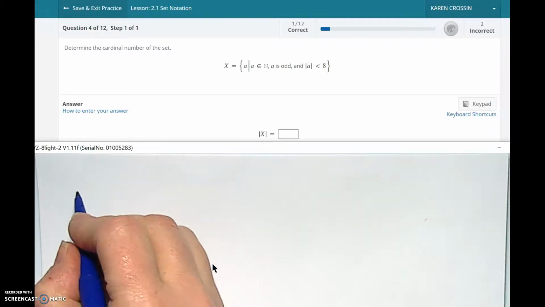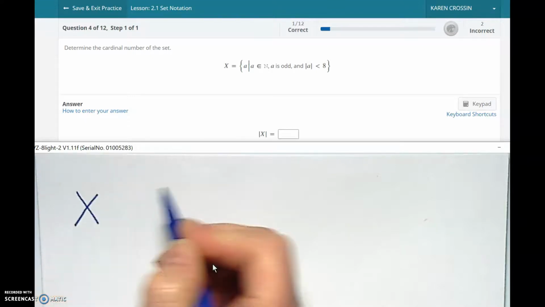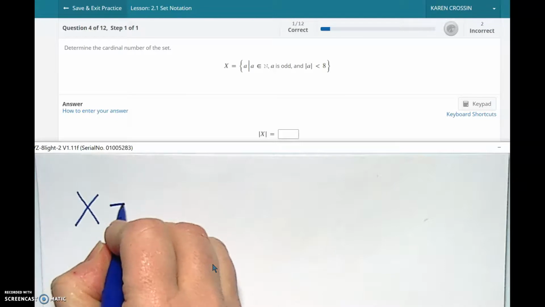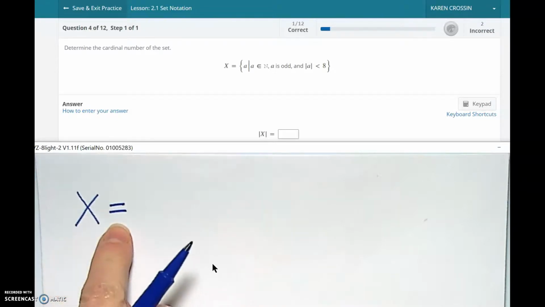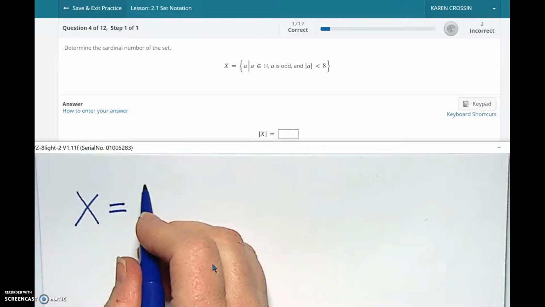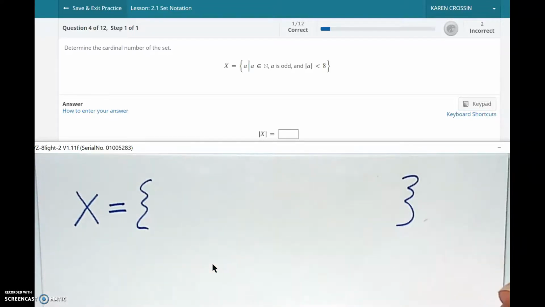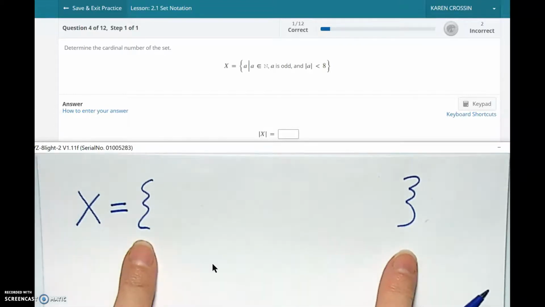I don't like that they're using X because everybody thinks of that in algebra, but a capital letter usually notates a set. This says X is the set. Whenever you have those curly brackets, which I talked about earlier, that means the set.